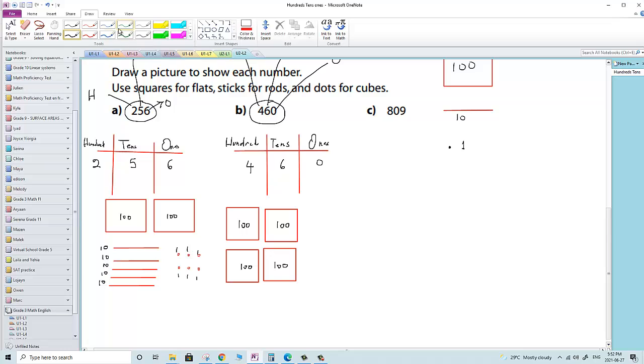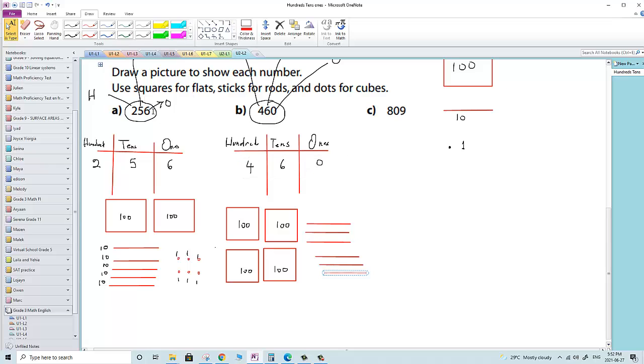For the stick, I can represent the tens. I need 6 of them, so I'm going to copy this one and paste it. 1, 2, 3, oops, why did you go here? You should come here. Here we go. 3, after that 4, 5, and 6. So I have 6 tens.